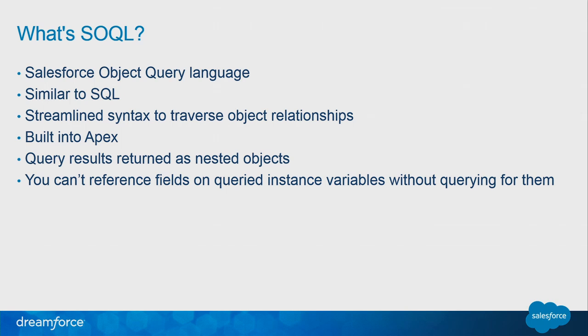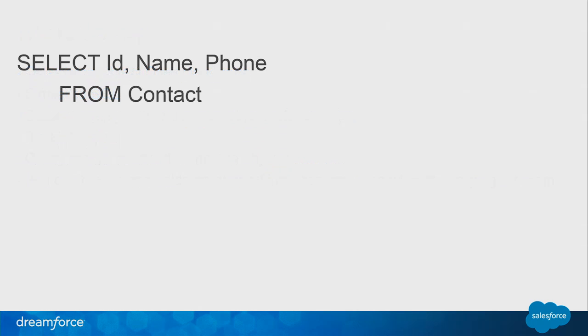So we had a question earlier about whether or not we could use that best friend field when we hadn't actually queried our all contacts for that best friend. And as pointed out, we would really need to specify. Here's an example, again, of a SOQL statement. We're selecting Id, Name, Phone from Contact. That's pretty straightforward.